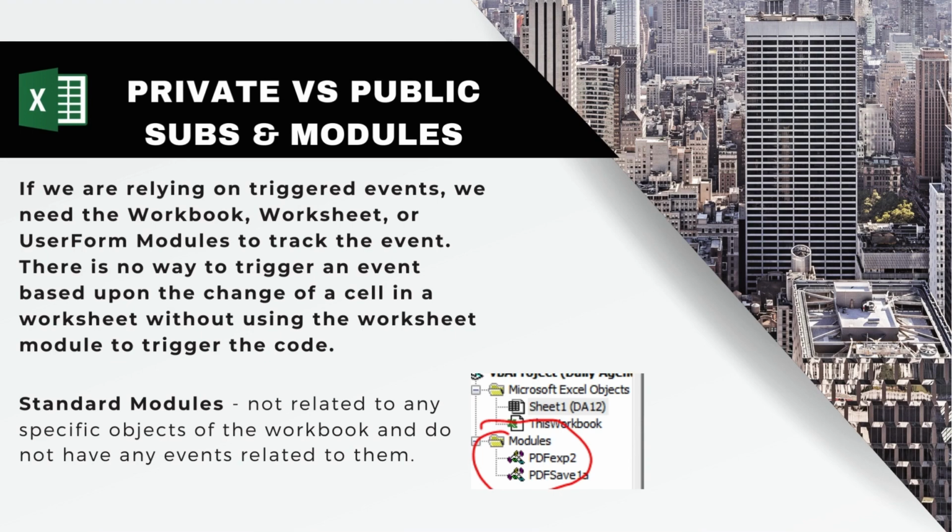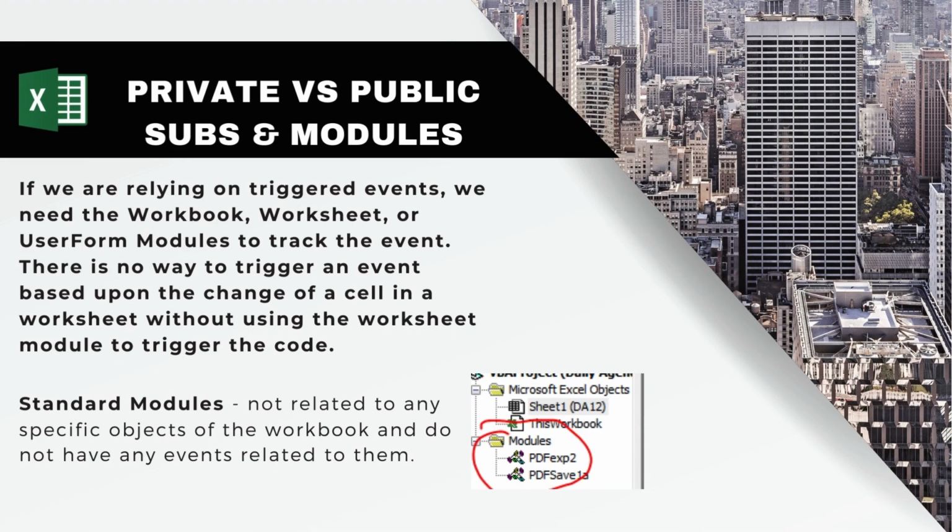All right. Now, if we are relying on triggered events, we need the workbook, worksheet, or user form modules to track the event. There is no way to trigger an event based upon the change of a cell in a worksheet without using the worksheet module to trigger the code.